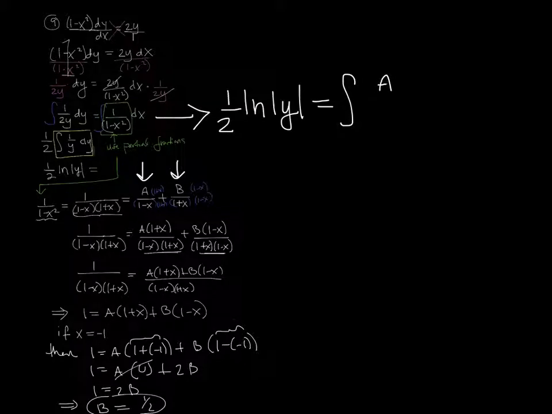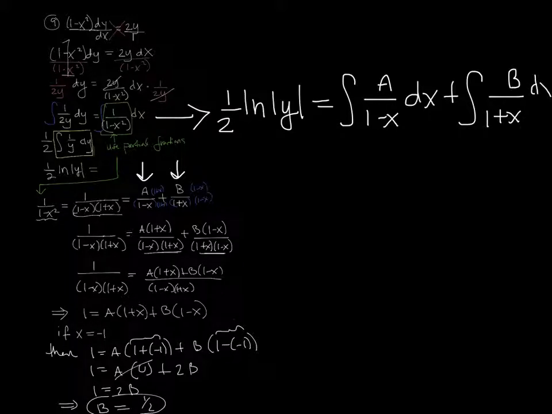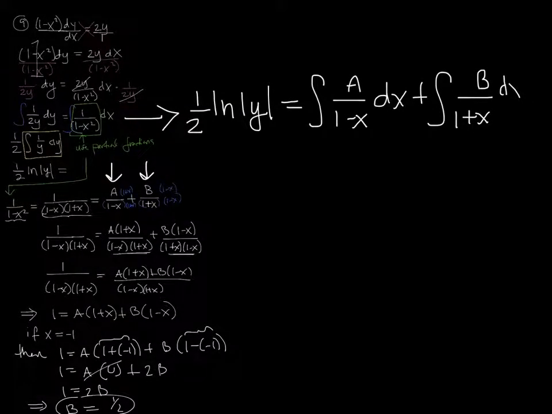So I have a over 1 minus x dx plus the integral of b over 1 plus x dx. Okay, so this is what I have.